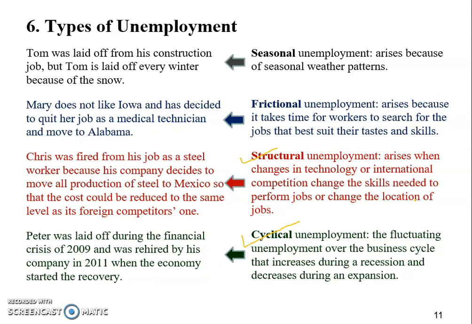Frictional unemployment, you would find a group of economists, especially labor economists, are super interested in this. How or why people are moving between jobs, and what are their tastes or preferences or their skills on the labor market. So this is important for labor economists. But for us, as macroeconomists, we care more about structural unemployment and cyclical unemployment.